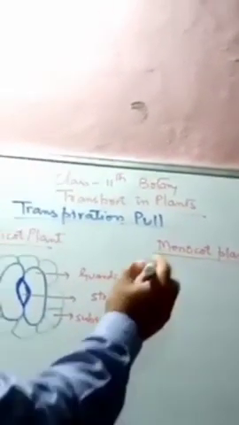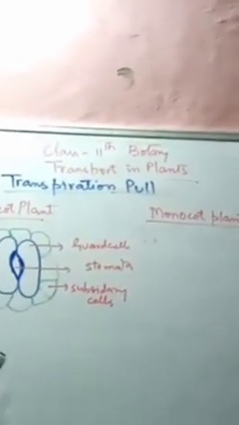Now what happens in the case of a monocot plant? What is the structure of the stomata and the guard cells?